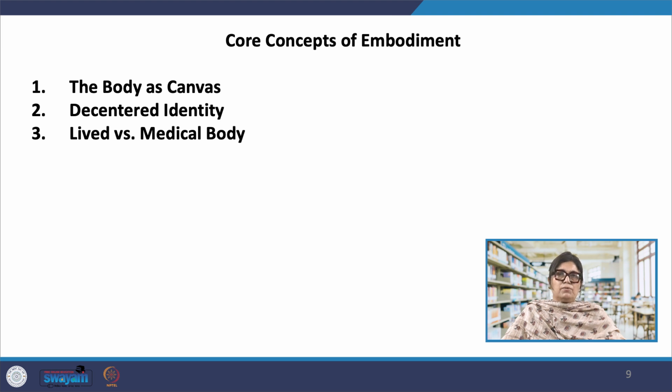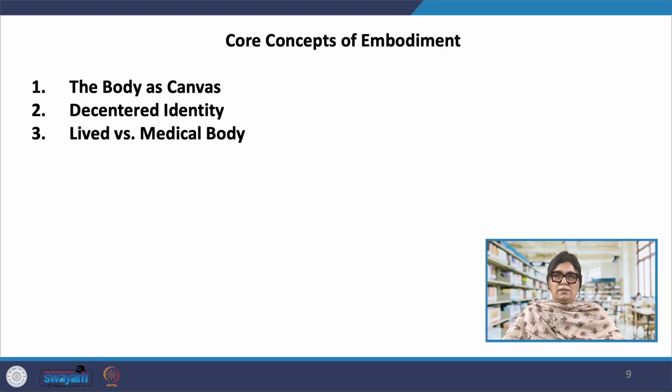In these narratives, the protagonist's body is literalized on the page, serving as the primary site where internal pain meets external reality. Second is decentered identity. Authors often represent themselves through multiple shifting versions of their body to reflect how illness unmakes and remakes their sense of self.